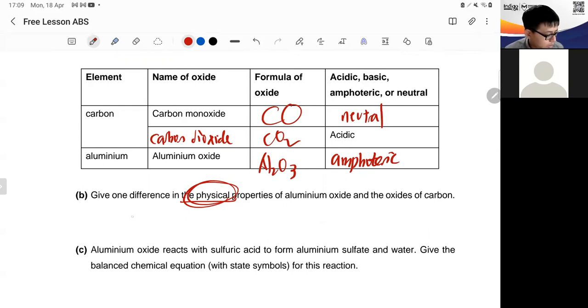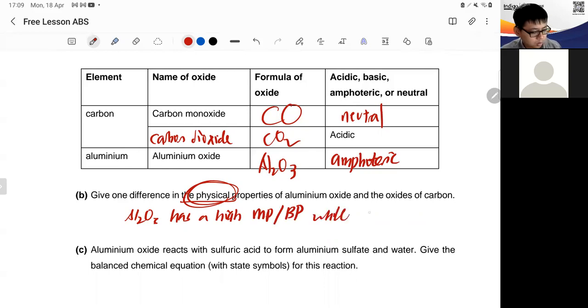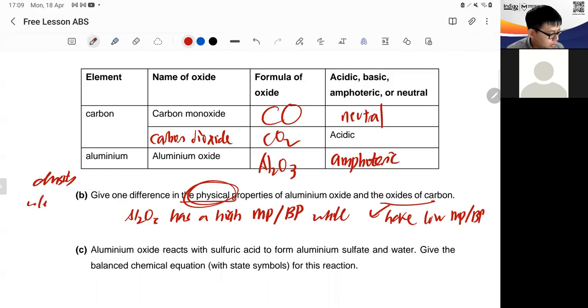How about aluminum oxide has a high melting point or boiling point, while these ones have a low melting point or boiling point. There are so many: density, color, state, etc. A lot of things. Okay, next one.